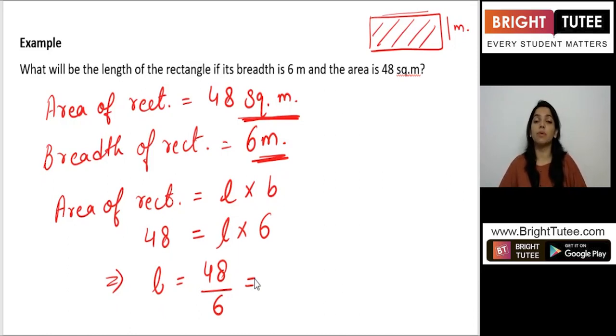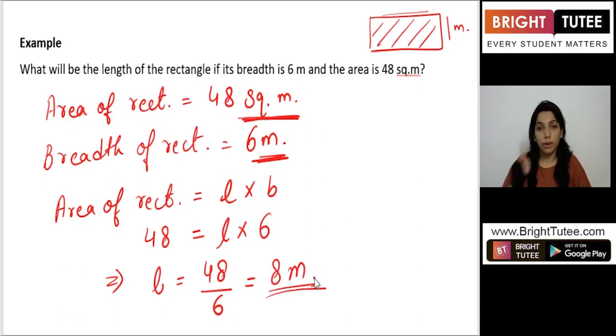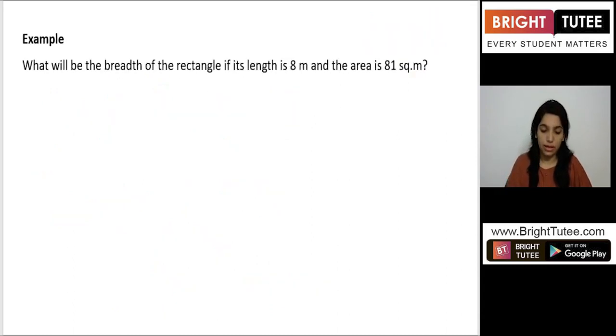And if we take a particular number from one side of the equals sign in an equation to the other side, it goes into division if it is given with the operation of multiplication. So we do 48 divided by 6. So it is 8. And this answer, because we are finding the length, will be only in meters. Clear? That is how we are working with area in square meters or square units, any unit it could be. And when we are talking about breadth and length, these are always going to be in a single unit of meter.